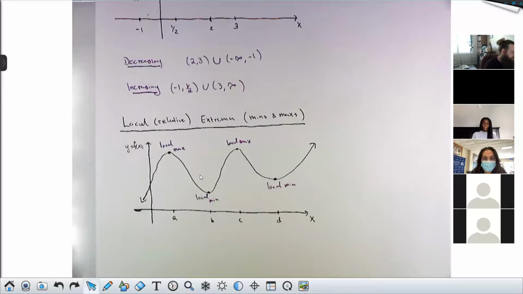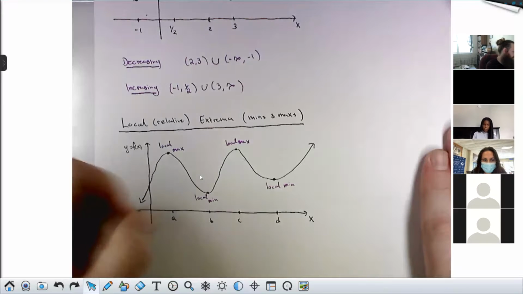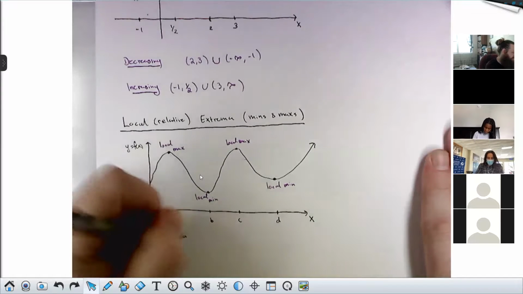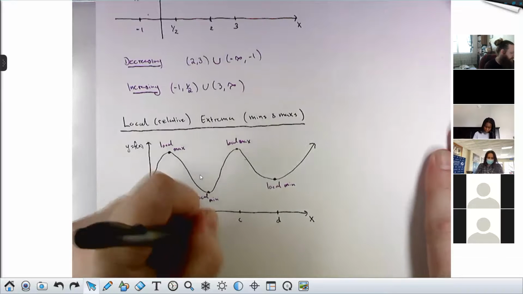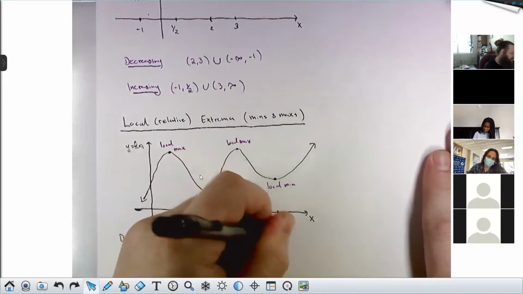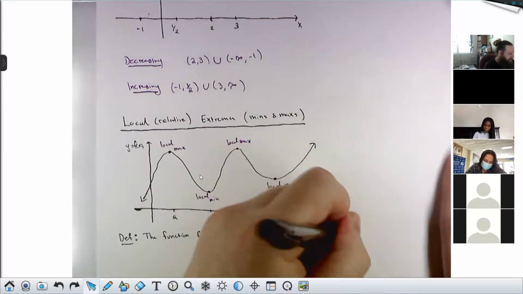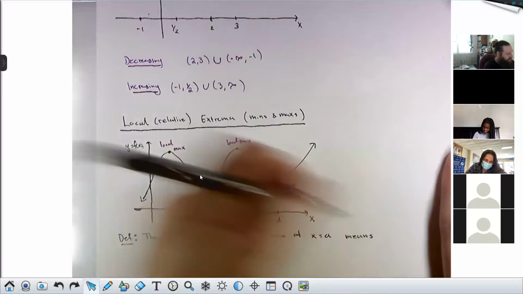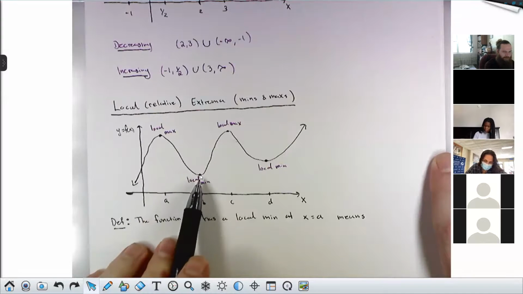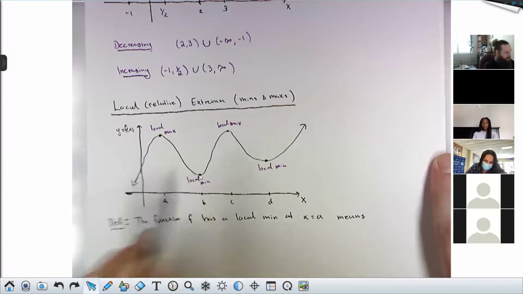So the technical definition: the function f has a local min at x equals a means that the y value there should be smaller than any y values nearby. So how do we say that?